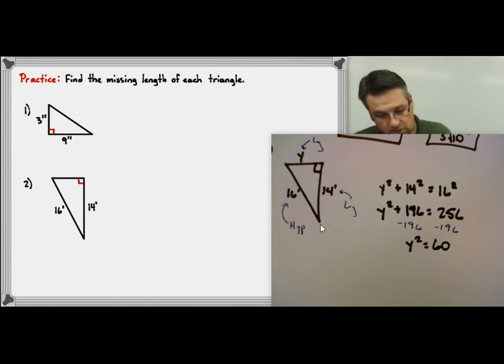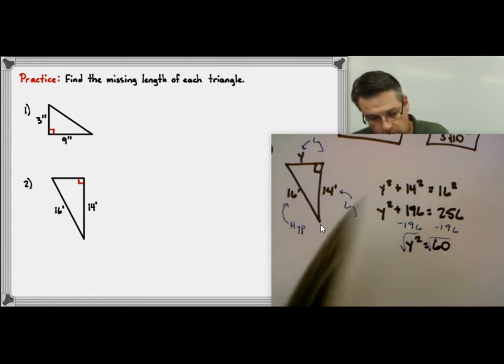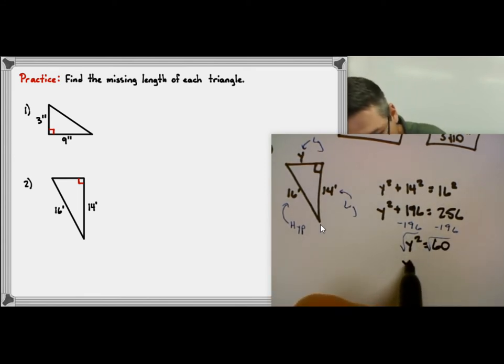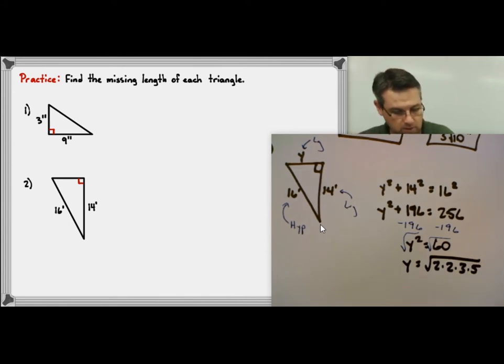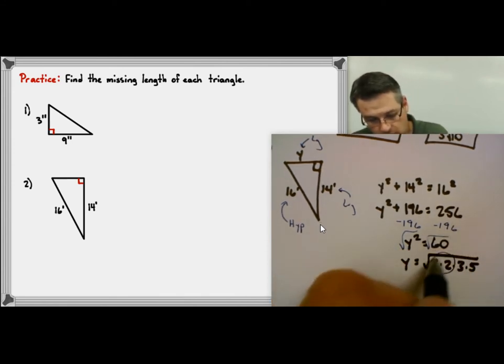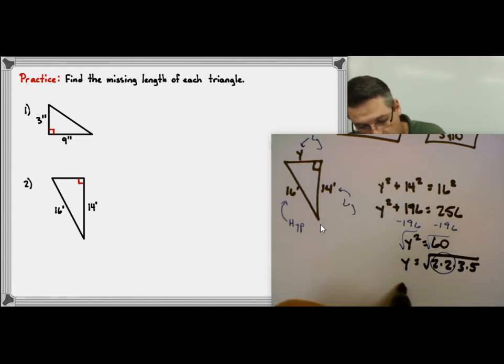And then we'll go ahead and square root both sides and simplify that radical. So 60 breaks down to 2 times 30, 2 times 15, 3 times 5. Okay, circle our pairs. And we end up with y equals 2 radical 15.